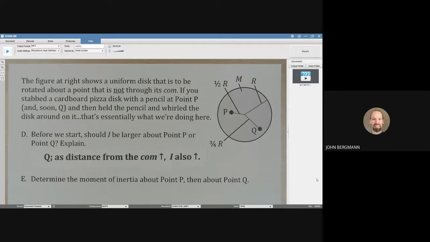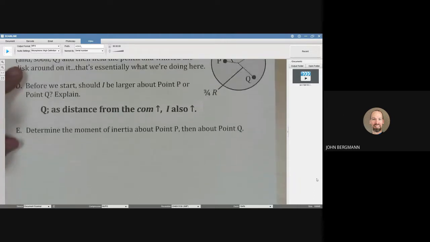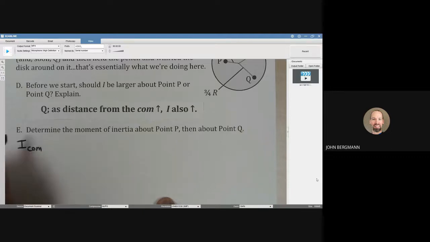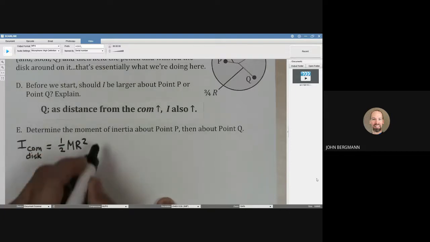As the distance from the center of mass gets bigger, the moment of inertia is going to be bigger as well. So let's determine the moment of inertia about point P and then about point Q. Here's what we're going to do. The moment of inertia about the center of mass for a disk is 1/2 m r squared.